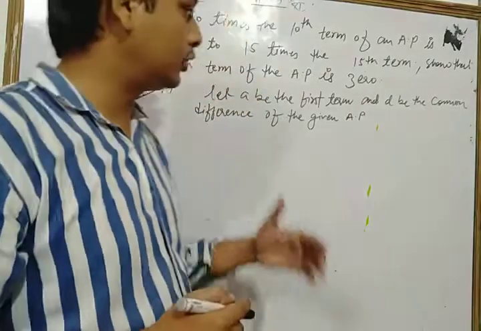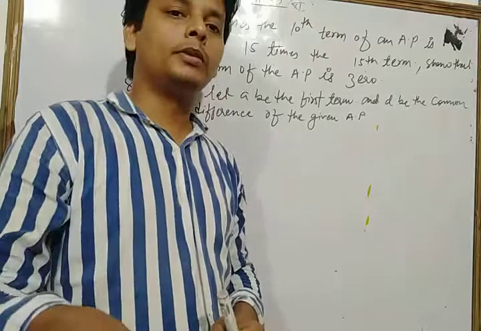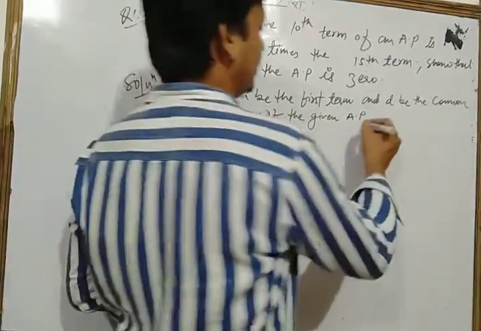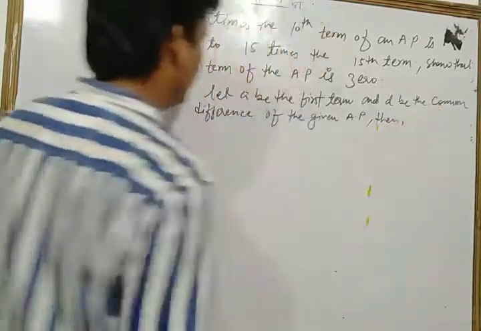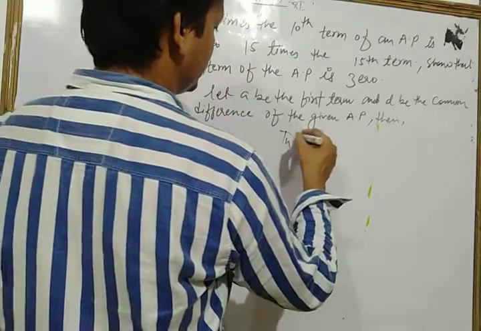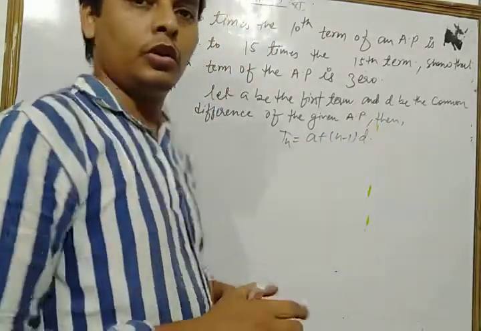Same as according to the previous question. Then its nth term, that is Tn, is equal to A plus n minus 1 into D. We know that very well.